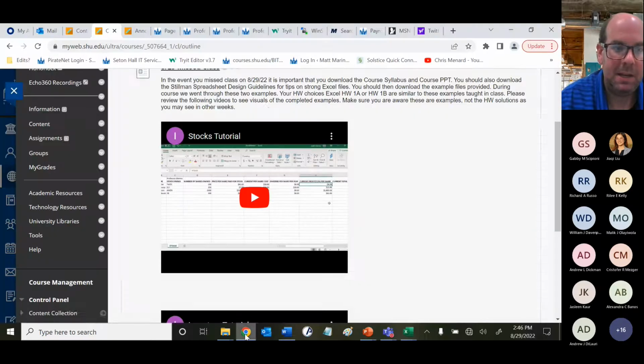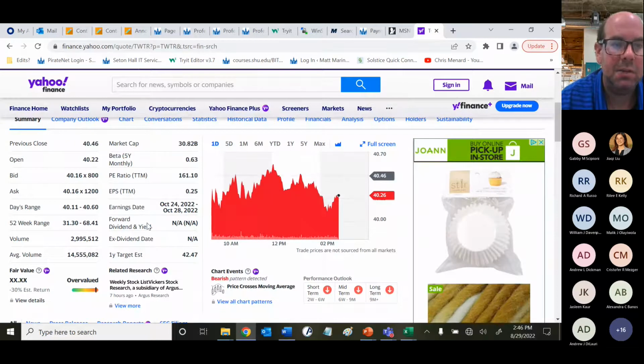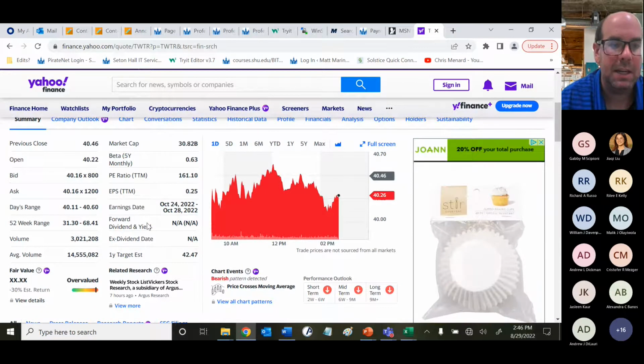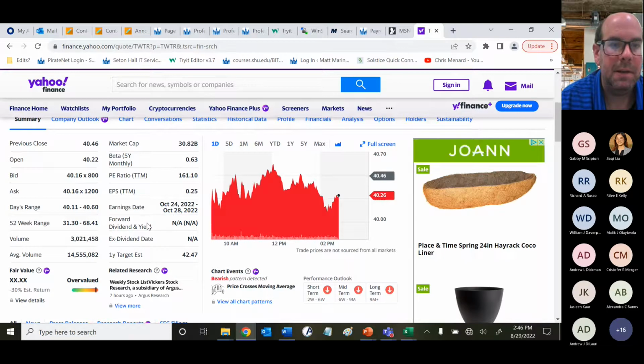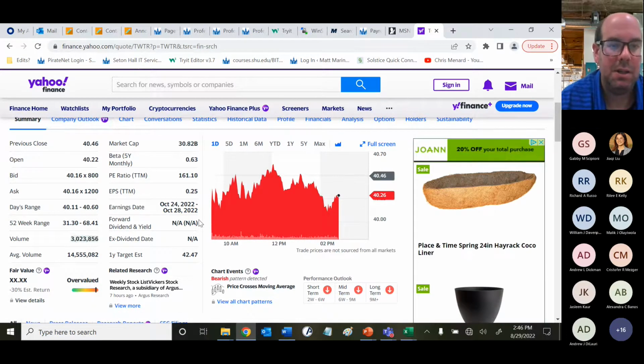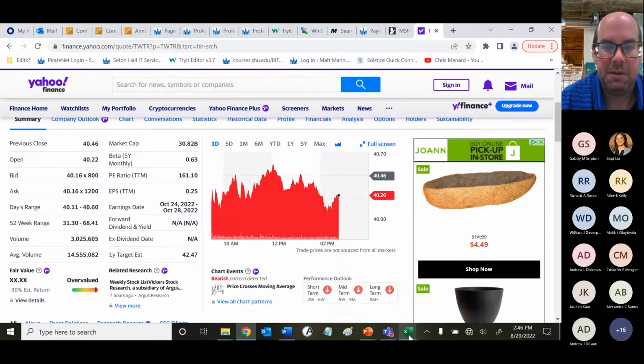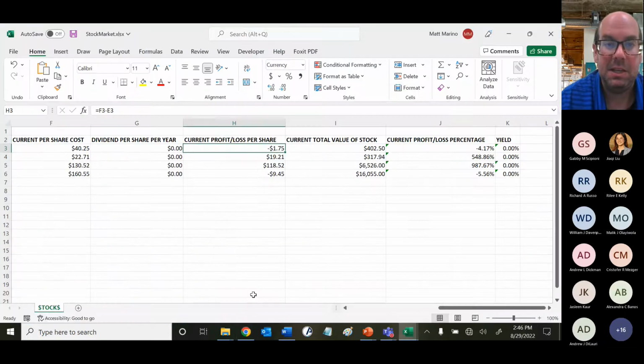But they will show that information, whether you pull it up on Yahoo Finance or CNBC or whatever site you choose to use. If you're not comfortable with Yahoo Finance and aren't sure where else to look, feel free to email me for other examples of websites.